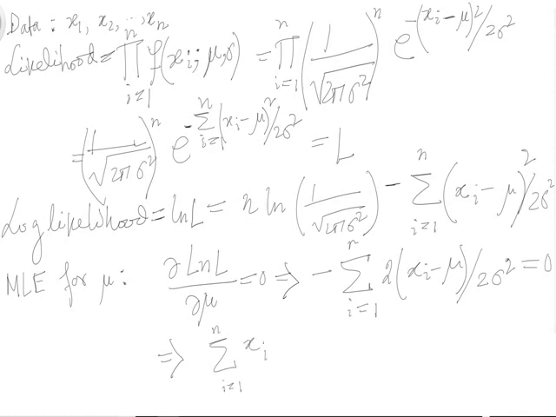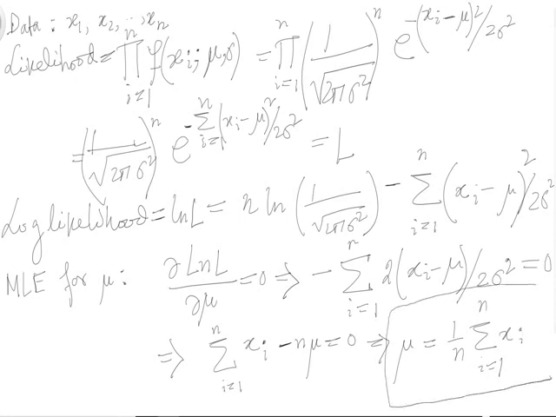Now that simplifies to the following equation, which finally boils down to the expression summation i from 1 to n of xi minus n mu equals 0, from which we find that mu, the population parameter, is basically the empirical mean of the observations.